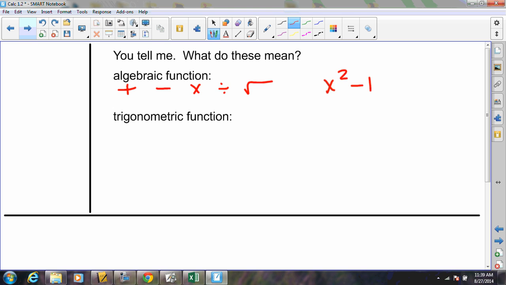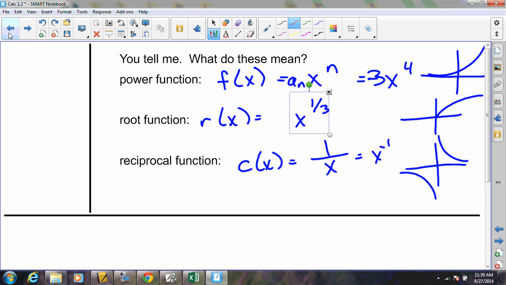We have subtraction. We have a square root with addition. That's an example of an algebraic function. No, we do not have to have all of them. All of these other ones that we were already doing, the power functions, root functions, reciprocal, those are all also algebraic functions.